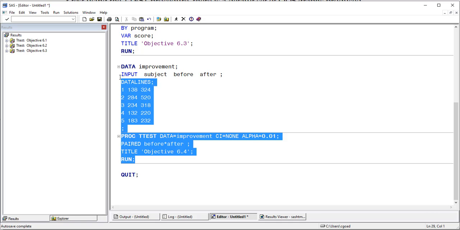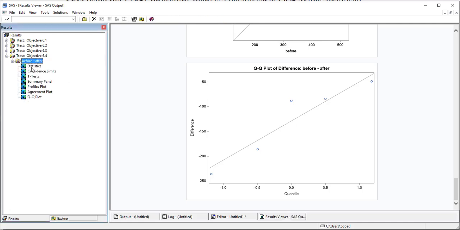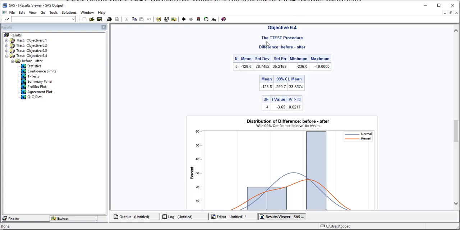Alright, so if we take our code here and submit this, again it is labeled the t-test procedure, and then it writes here before minus after, and as we thought, we see a negative number. We can get a confidence interval for the mean difference.